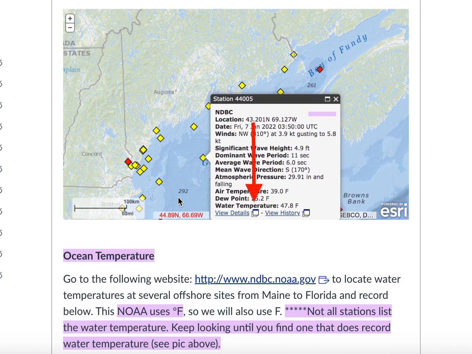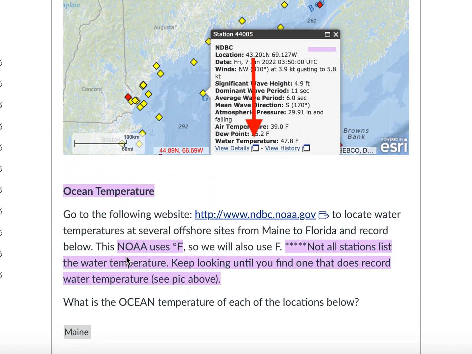When you look at it, it asks you to find the temperature of the water in each state in Fahrenheit.